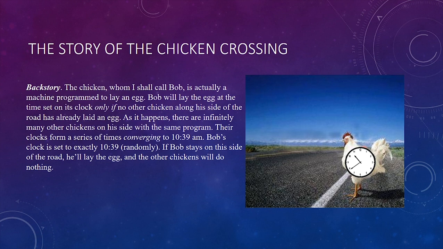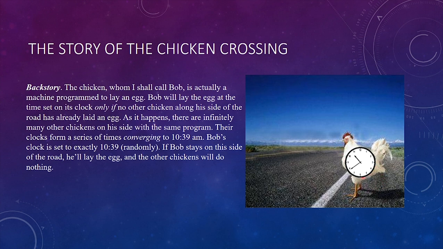Because in the Grim Reaper paradox, you have the same kind of situation with events that are converging to some initial time. Basically, the idea here is that for every chicken that has a clock set to some time close to 10:39, there's another chicken with a clock that's closer to 10:39. But no chicken's clock is set exactly to 10:39 except for Bob's. Bob's is set at exactly 10:39.